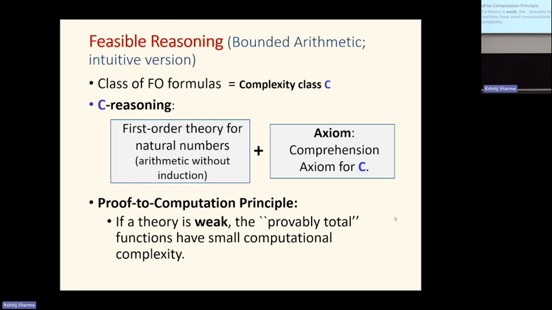So if a theory is weak, then what the theory knows as functions actually are very constructive. If the theory is weak and it can prove that some function is indeed a function, then I can translate it into a statement that says that the computational complexity of this function is small.